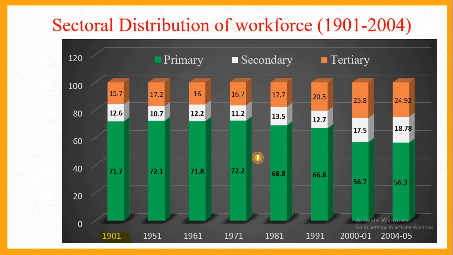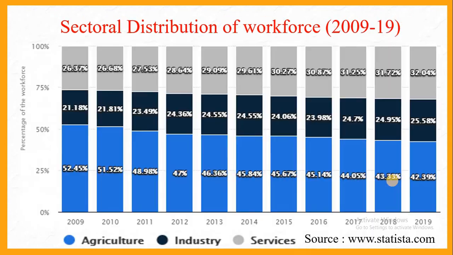And then actually till 1971, not much reduction you can see. Because not many industries were there. 1981 onwards, the number of industries started growing. Okay. More and more industries started setting up their companies in India. So you will see that it started reducing.